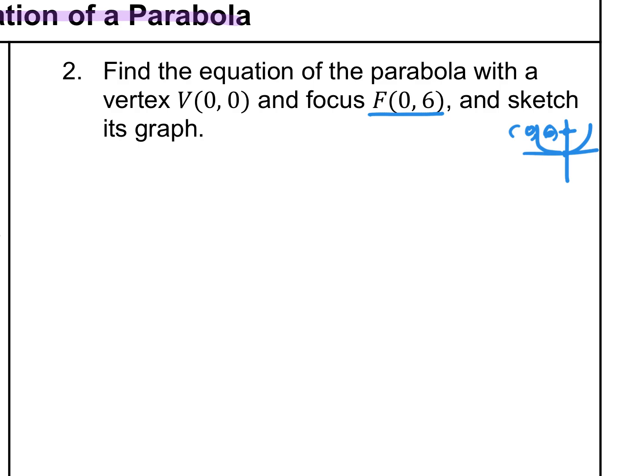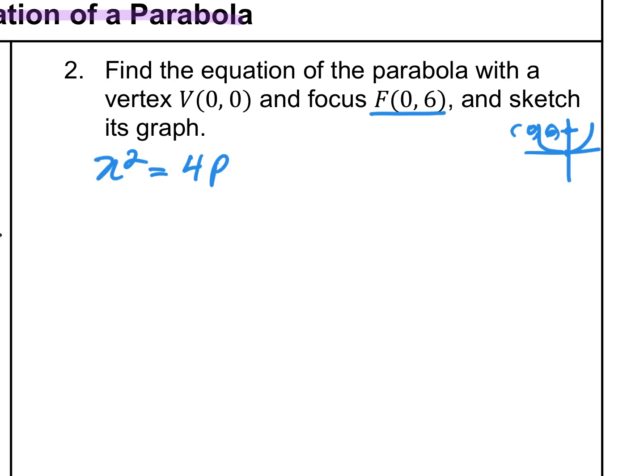Our equation is in the form again of x squared is equal to 4py. The value of p in here is going to be 6, and we put that p in here.